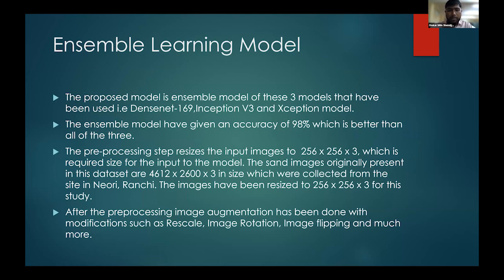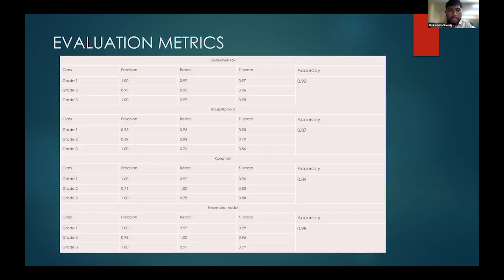We did pre-processing, then augmentation, got the results from the three models, combined them, and used the ensemble. These are the results: DenseNet 169, which we used first, was 92%. Then Inception V3 was 87%, Xception was 89%, and finally the ensemble gave us the best results, that was 97 to 98%.